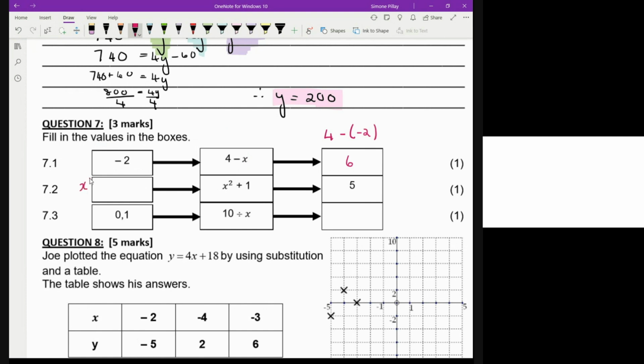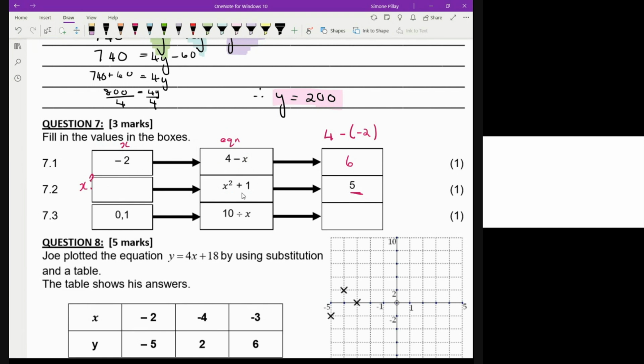Over here, I don't know what x is. I don't know what the answer to x is. Remember, these are not the answers to x, but these are the values of x. These are my equations. And then over here is the value of the entire equation, not just x. So over here, I have the value of this entire equation and I have the equation, but I don't know what x is.